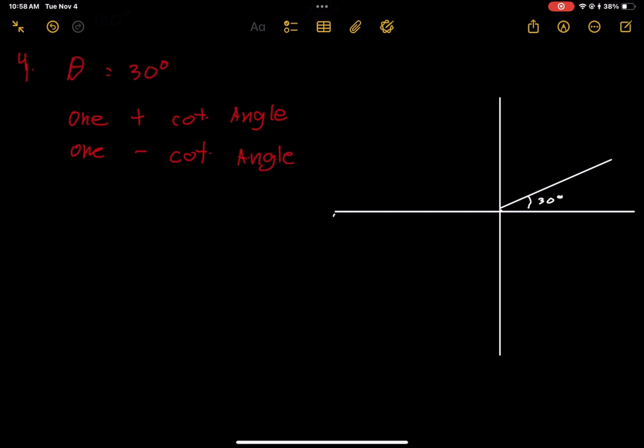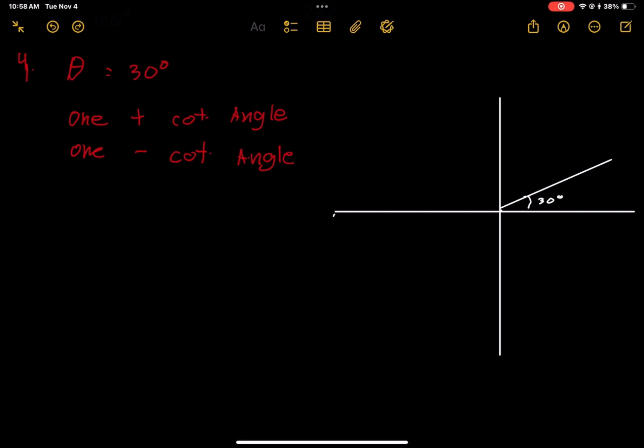To find the positive, we will have to rotate counterclockwise from our positive x-axis and land on the given angle, which is 30 degrees.